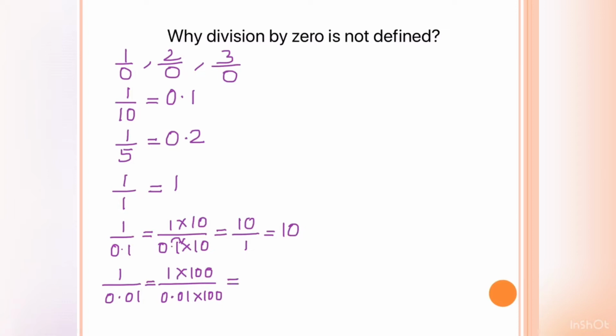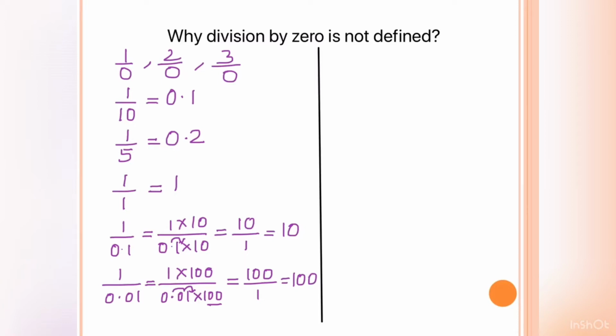So we get 100 by 0.01 times 100. Since 100 has two zeros, we shift the point 2 places towards the right. So we get 1 as the answer in the denominator. 100 by 1 is 100.